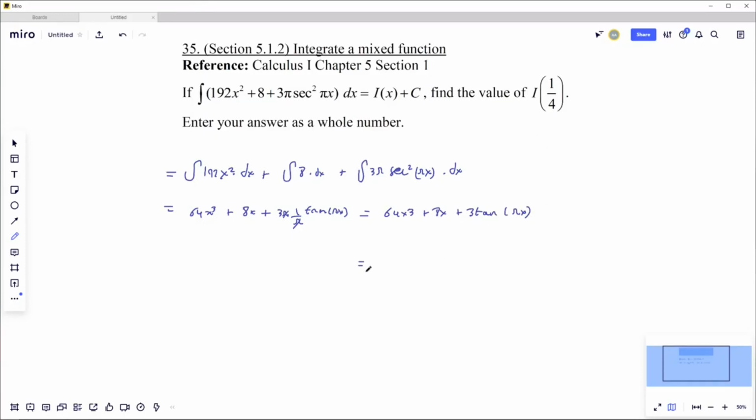For the first one, 64 over 4 cubed, you get 1. Plus 8 times 1 over 4, you get 2. Plus 3 tan of pi over 4. Pi over 4 is 45 degrees, sine of 45 over cosine of 45 gives you 1, because they're the same, radical 2 over 2. So here you have 1 plus 2, you get 3, plus 3 times 1, so 3 plus 3. You get 6. Final answer.